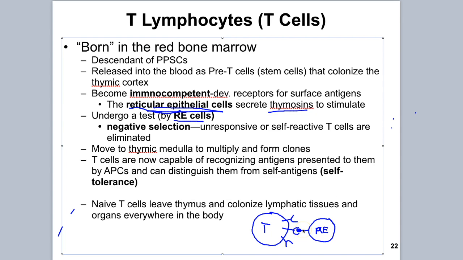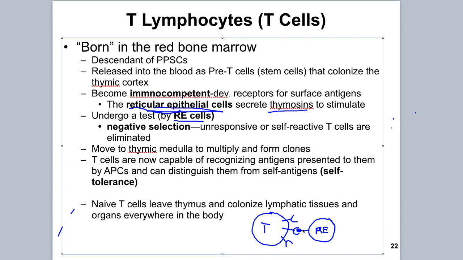So it's actually binding to the T cell. And the reticular epithelial cells are presenting the T cells with our own antigens, so our own host proteins. Okay, so they're basically saying to the T cell, do you recognize this host protein? Do you recognize this own protein that belongs in our body?